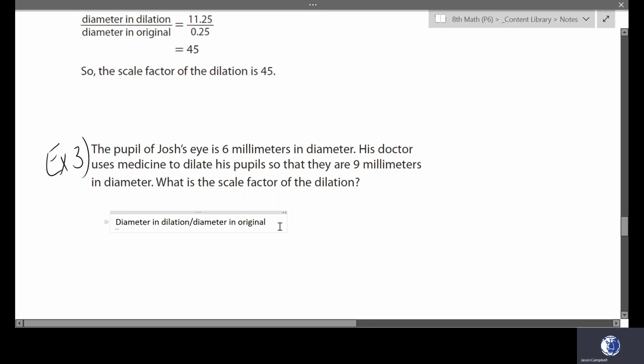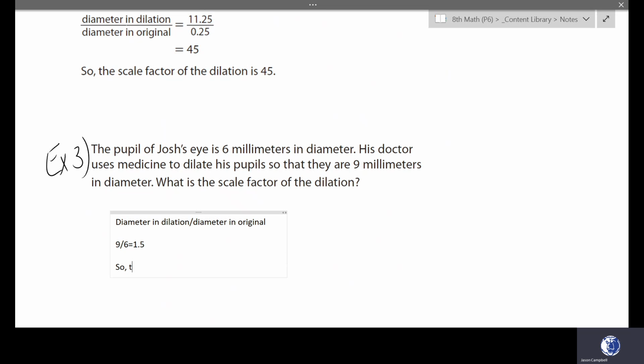So in the dilation, they were 9 millimeters, and in the original, they were 6. So that's 1.5. So the scale factor of the dilation is 1.5.